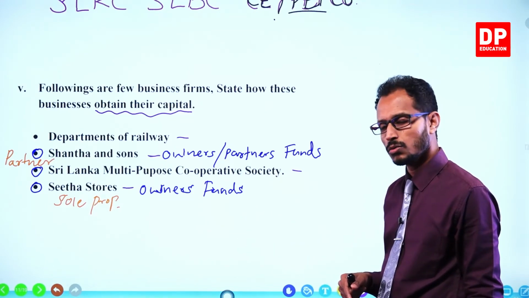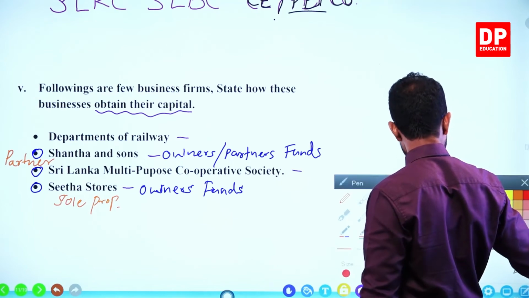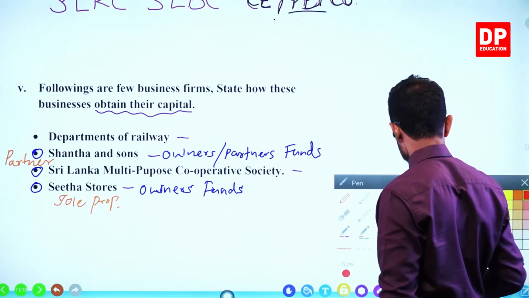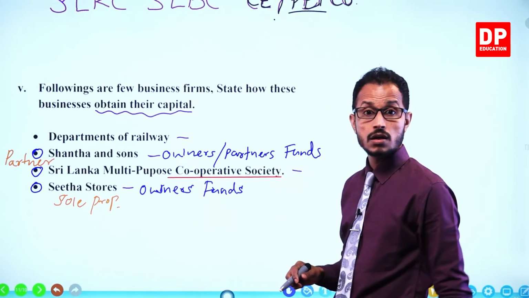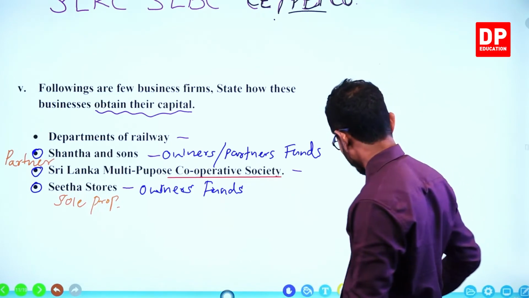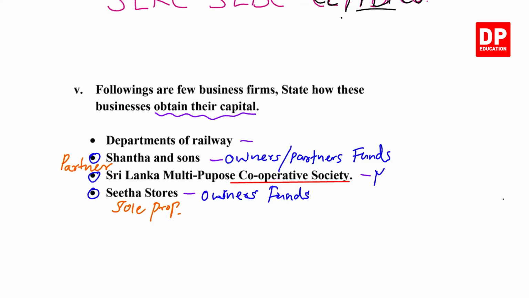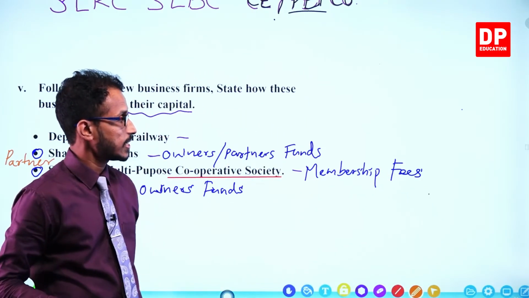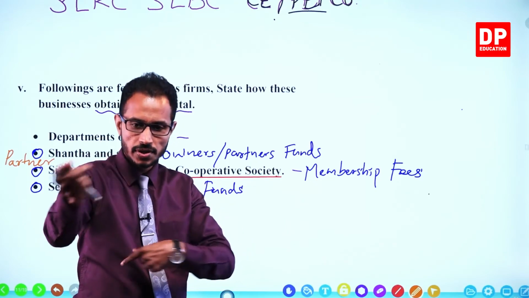No. Are there owners in cooperative societies? No, there are members. So, membership fees. That's how they collect capital. That's how they collect money from members. They charge a membership fee. Okay.